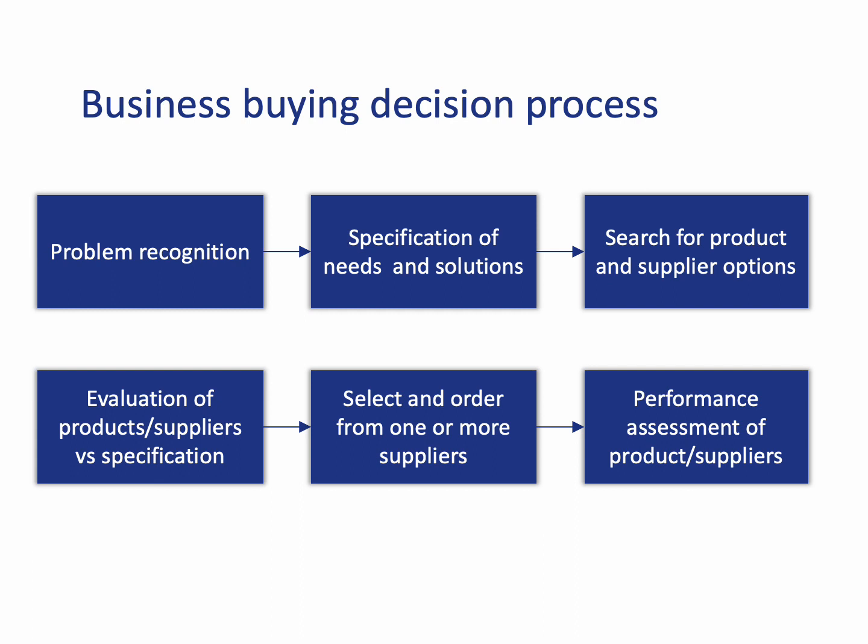Stage 2 would be specification of needs and solutions. So users and influencers such as technical personnel, production managers, engineers, often provide information and advice for developing product specifications. So they will specify exactly what is needed, what we need a new product or a new service to perform and how.